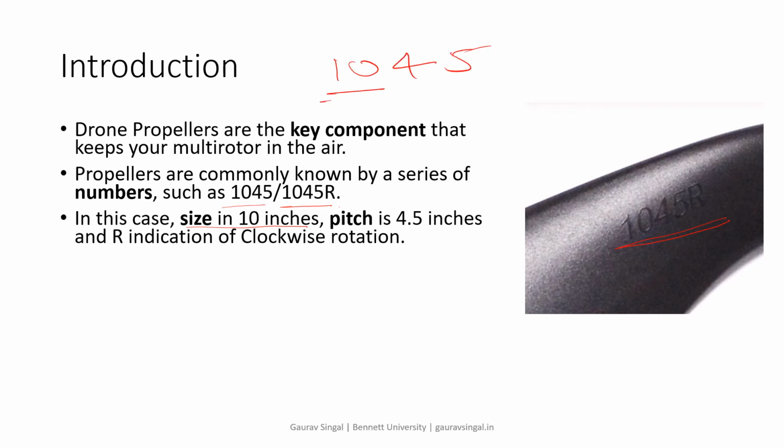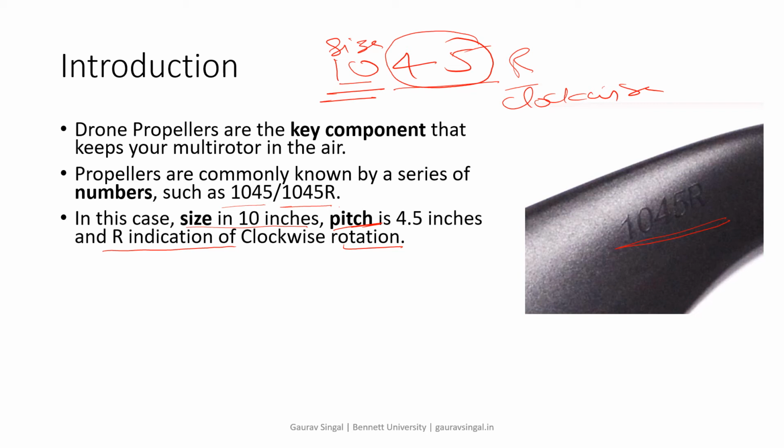So 10 is the size of the propeller, 10 inch, and 45 is basically 4.5 inch, the pitch of the propeller, and R indicates the right side, or clockwise rotation. So these are three meanings: the length of the propeller is 10, pitch is 4.5, and R is for clockwise.